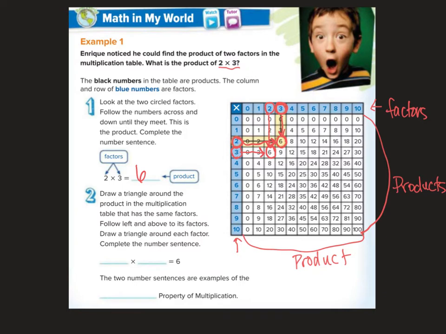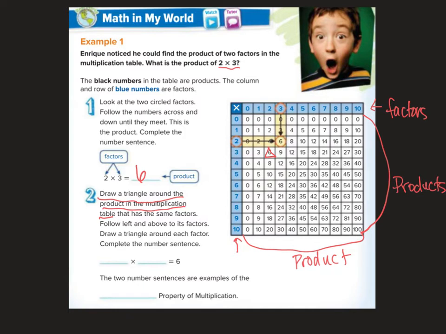It says, next, draw a triangle around the product in the multiplication table that has the same factors. Follow left and above to its factors. Draw a triangle around each factor. Complete the number sentence. That's what we just did there. Let me erase my work here. First, draw a triangle around the product that has the same factors. We've got a 6 here. Follow left and above.